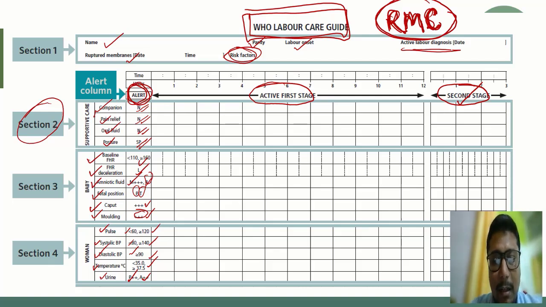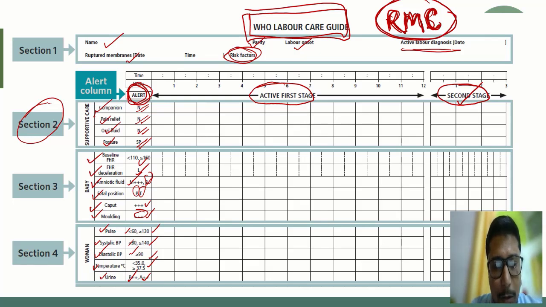So these things are new in this partograph. And note one thing, that active first stage and second stage were not there in the new WHO partograph, which is replaced by this one. This one is named the WHO labor care guide.